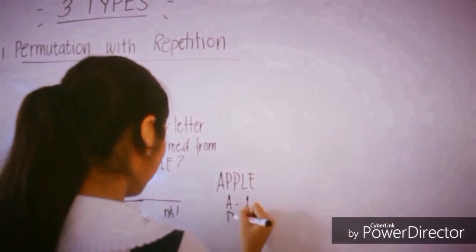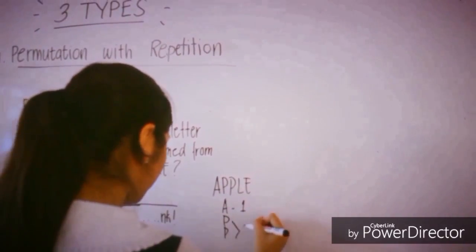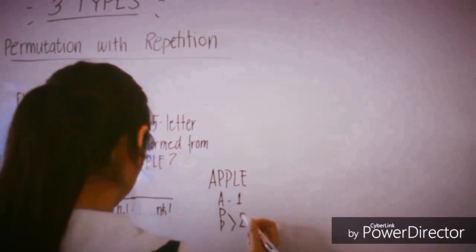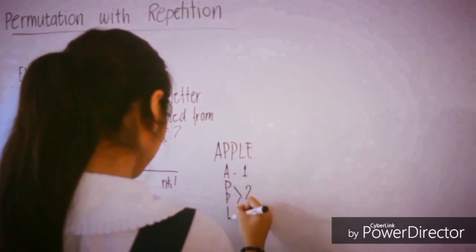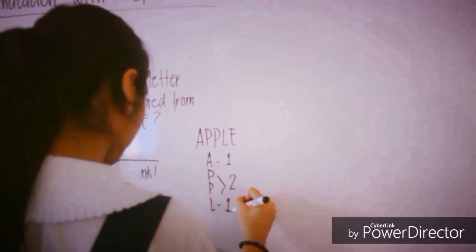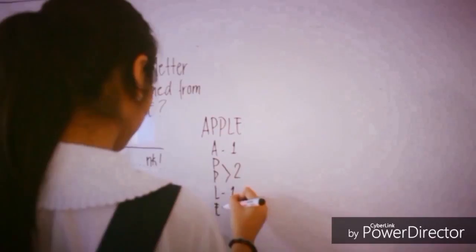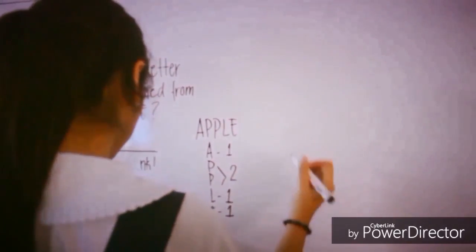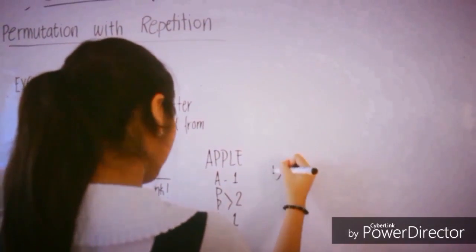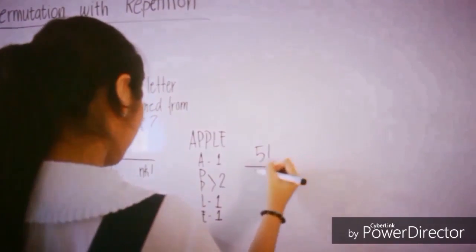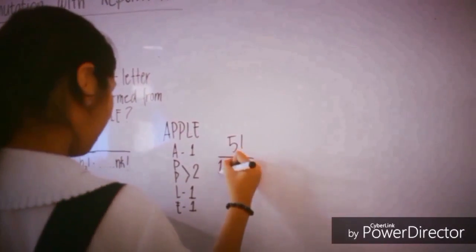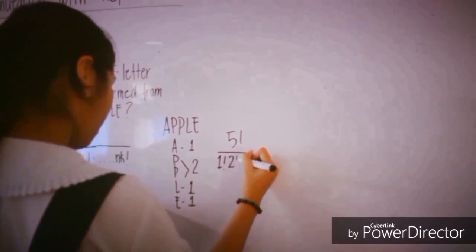The first thing to do is to identify how many times a letter is repeated. For A, we have 1, P, we have 2, L, 1, and E, 1. After that, we shall put it this way: 5 factorial over 1 factorial, 2 factorial, 1 factorial, and 1 factorial.